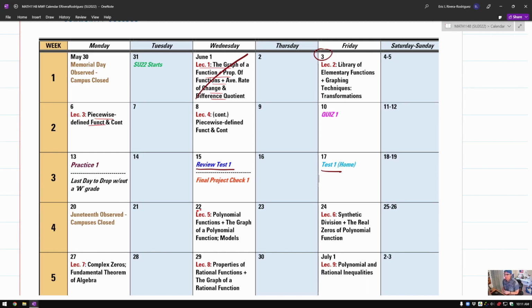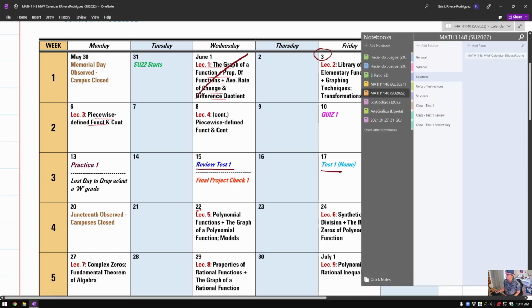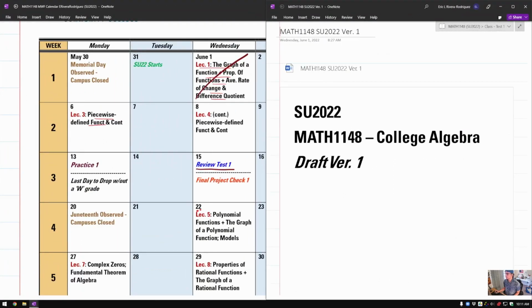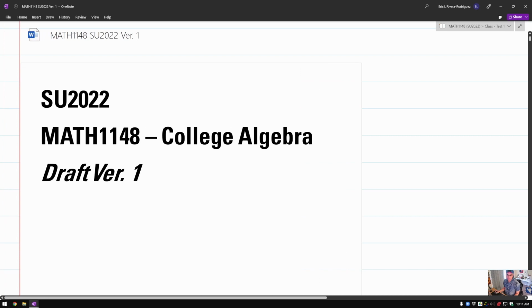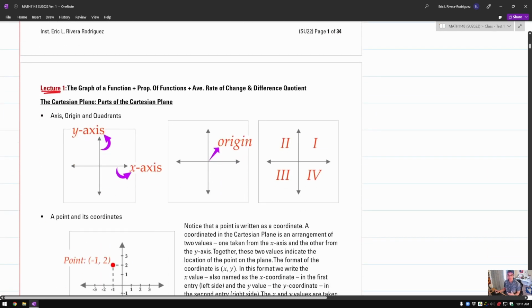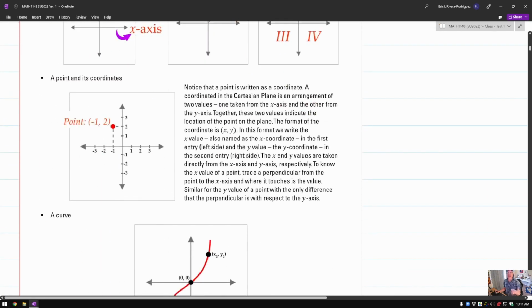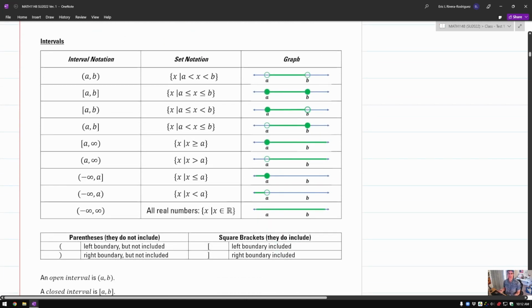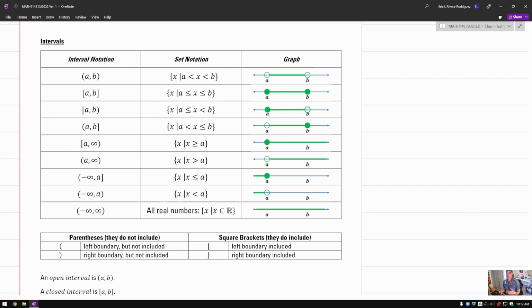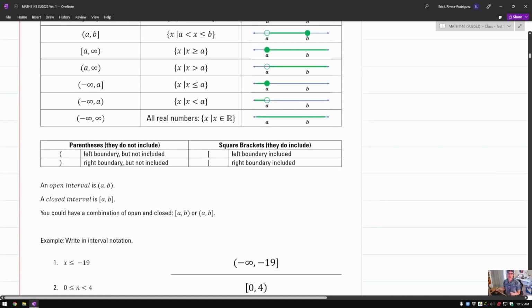All right. So you had read the first 20 pages of our draft, and our draft is here. You will see that the first 20 pages are more definitions, or me just presenting things that we need to know, like for example, how to write interval notation, how to distinguish between set notation, how to use the parentheses or the square brackets.